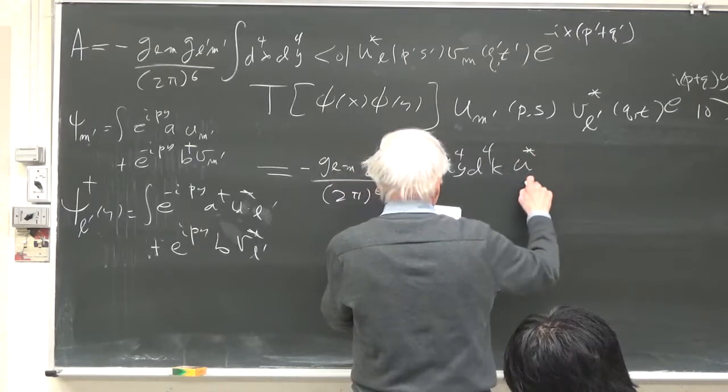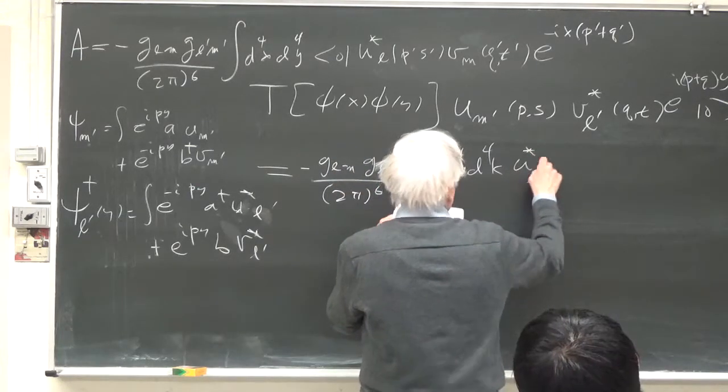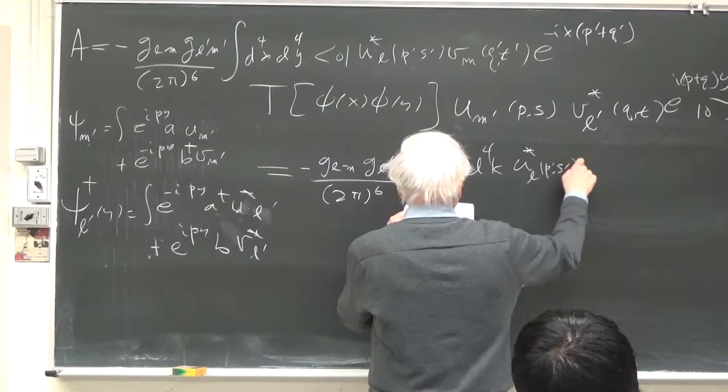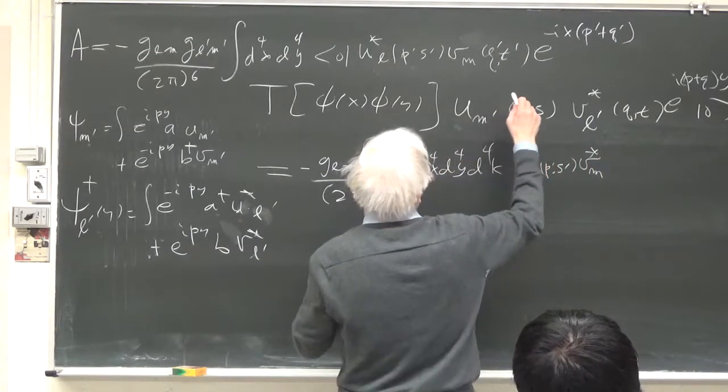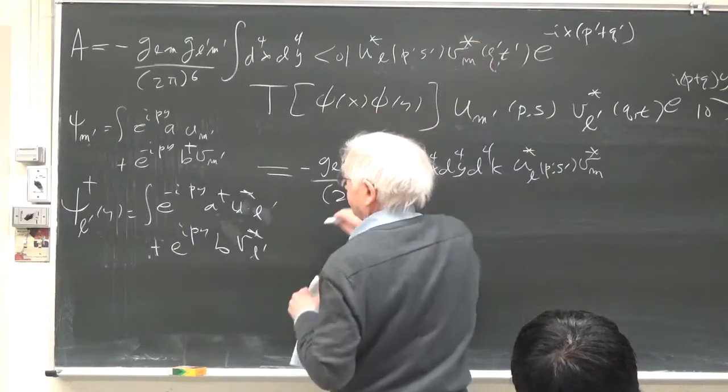We have U star L of P prime, S prime, B star M. So this should be B star M.